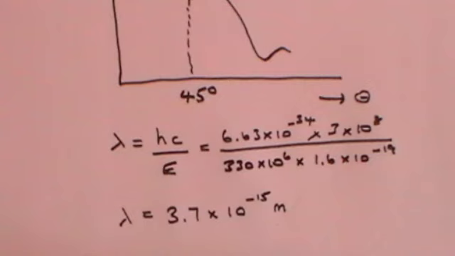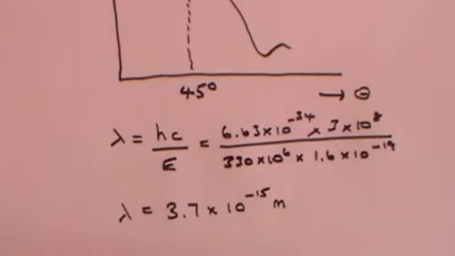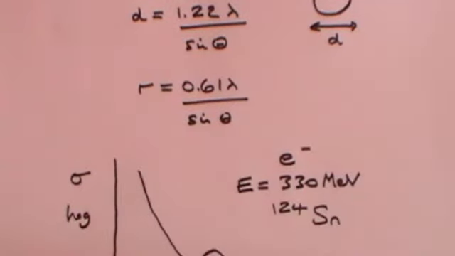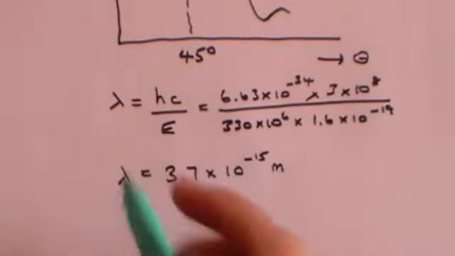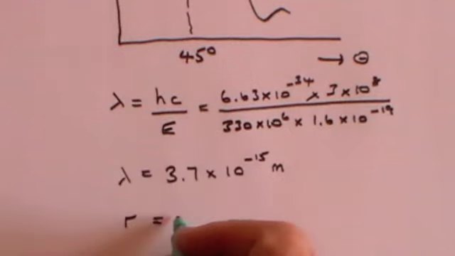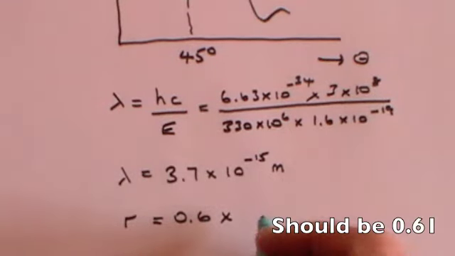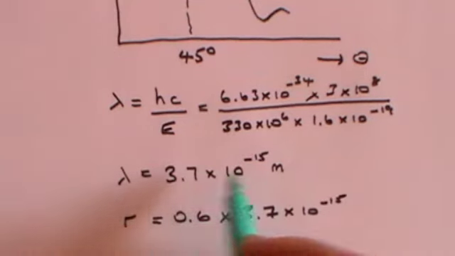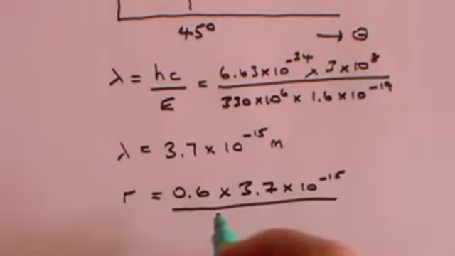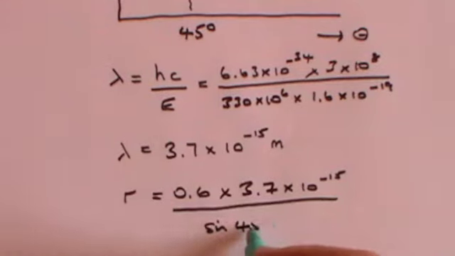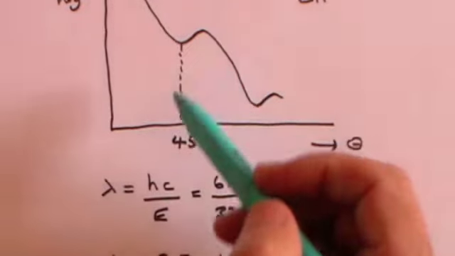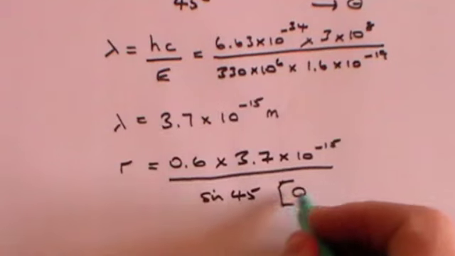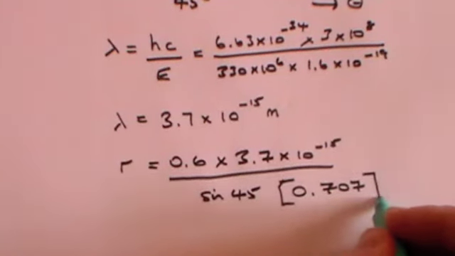Now if you substitute that lambda in this formula here, you'll get that R is equal to 0.61 times lambda, which is 3.7 times 10 to the minus 15, we just calculated that, divided by the sine of 45 degrees, because that was where you got the first minimum, and the sine of 45 degrees is 0.707.